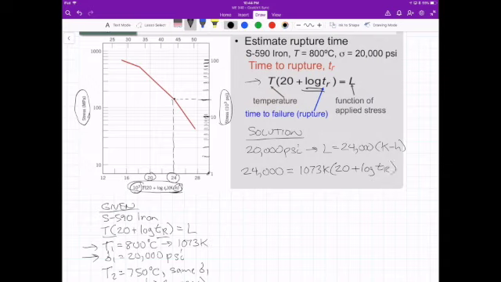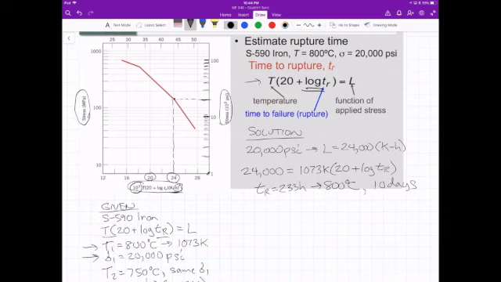Okay, so we solve that. I get time to rupture equals 233 hours. This is at 800 degrees C. So 233 hours is about 240 hours. This is pretty much 10 days. So at high temperatures, with a lot of stress, this iron would rupture under constant stress after 10 days.